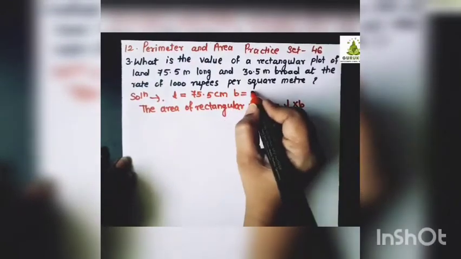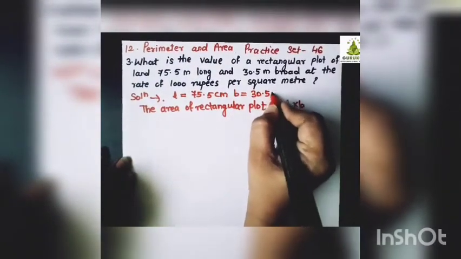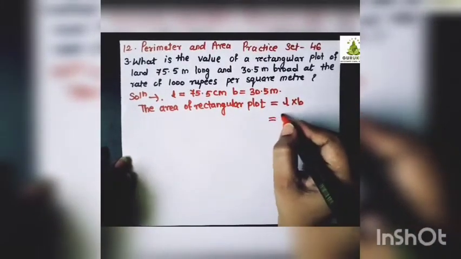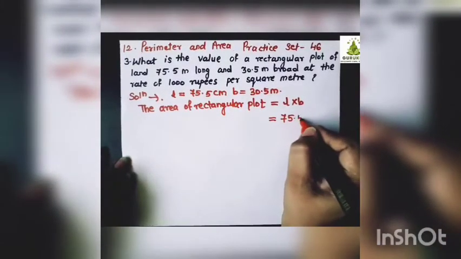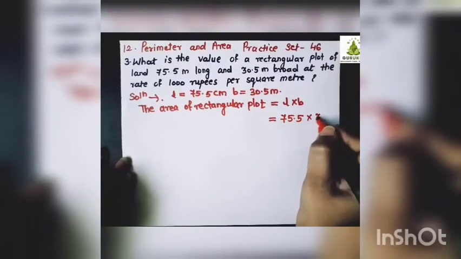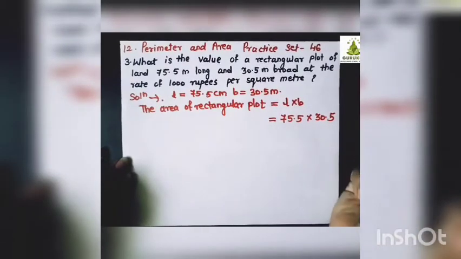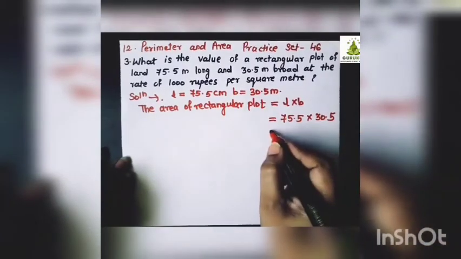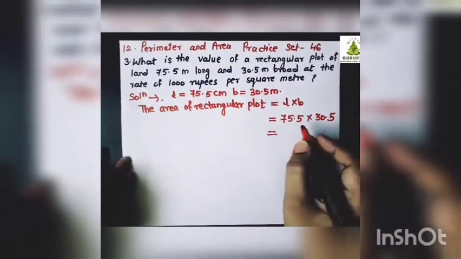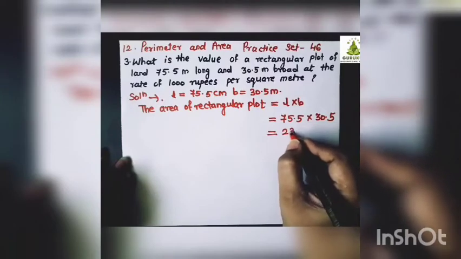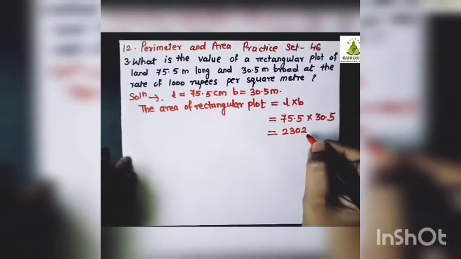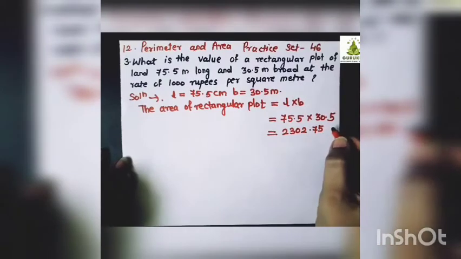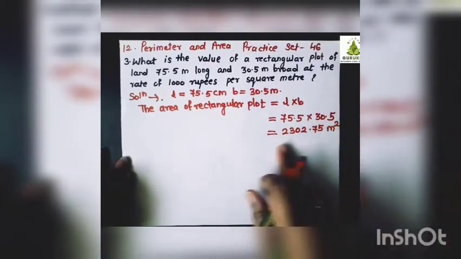B is equal to 30.5 meters. Okay, so substitute the value: 75.5 multiplied by 30.5. Do the multiplication. If you do the multiplication in rough, it will be 2302.75 meter square. This is the area.